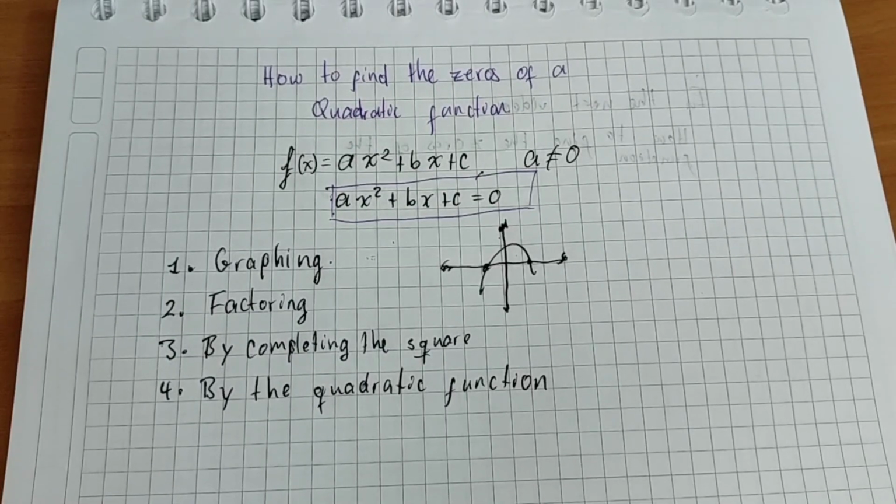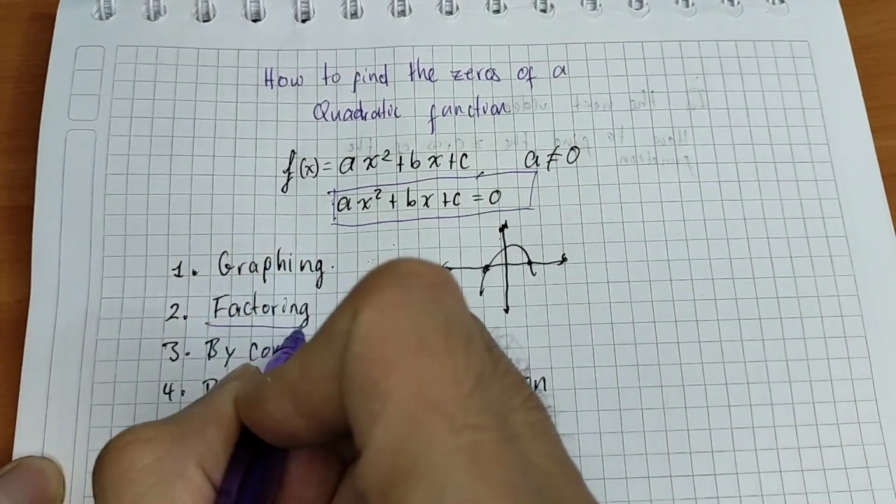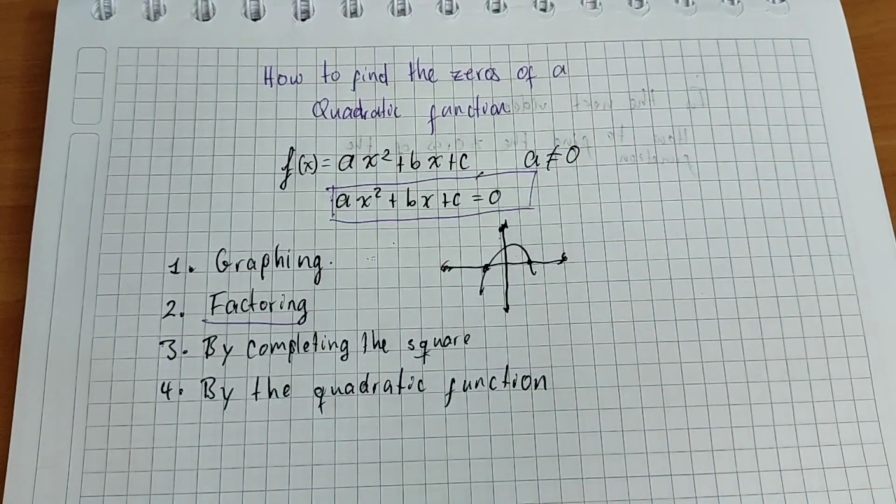So in this channel we are going to explore 3 of these methods: factoring, completing the square, and also the quadratic formula. We are going to start in this specific video with factoring, and then we're going to move on to some other strategies.